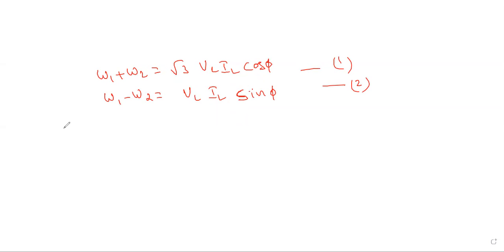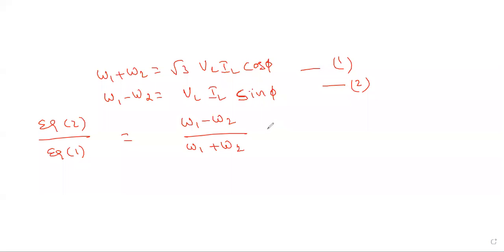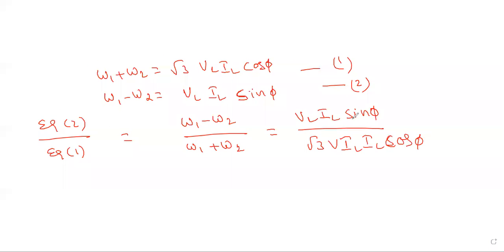So equation 2 by equation 1: W1 minus W2 by W1 plus W2 equal to VL IL sin phi by root 3 VL IL cos phi. Sin by cos means tan phi.